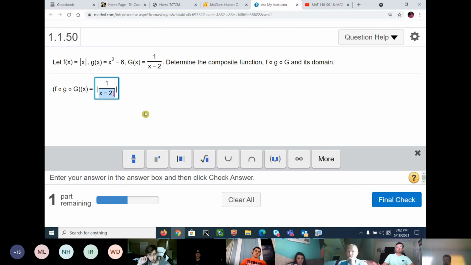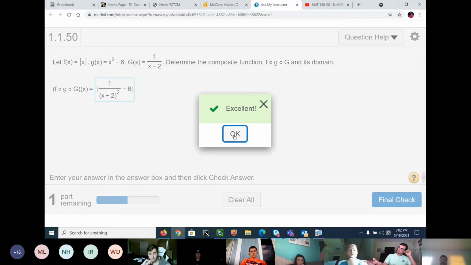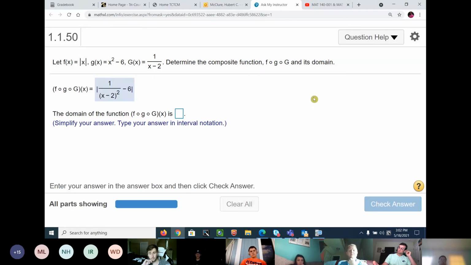Shift up, square, and put a parenthesis there. And then put minus 6. That should be your answer. Yay! We don't suck as bad. Next question.